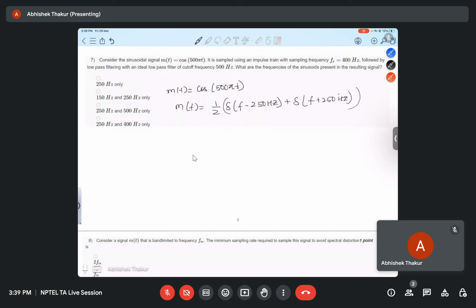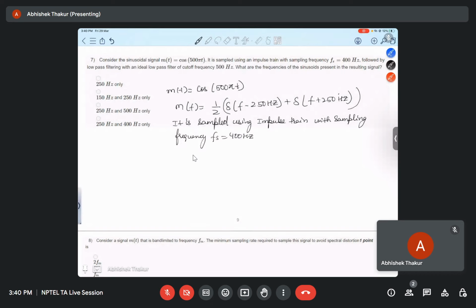Now it is sampled using an impulse train with sampling frequency fs equal to 400 Hertz.